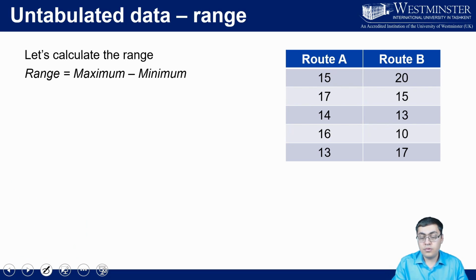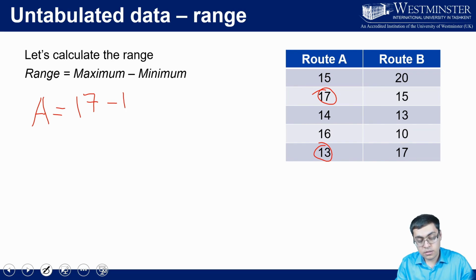So from route A, I can see that the maximum number that I have is 17, and the minimum number that I have is 13. So for route A, basically the range is 17 minus 13, which is equal to 4.